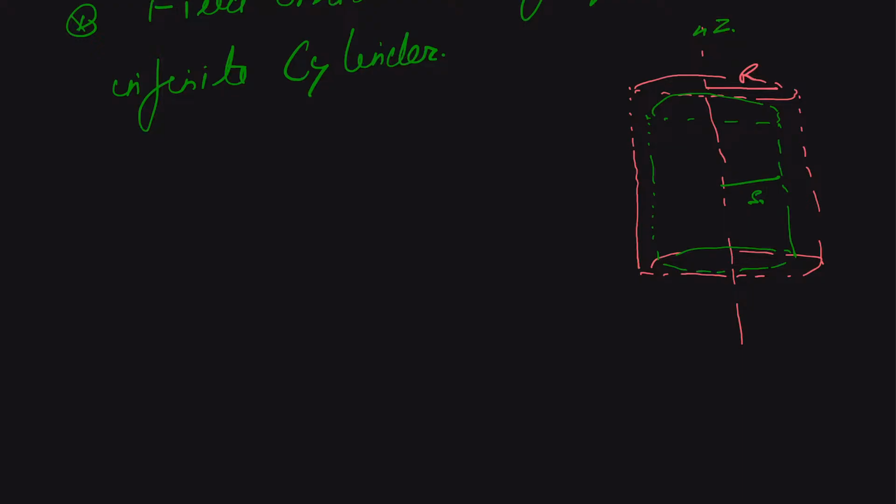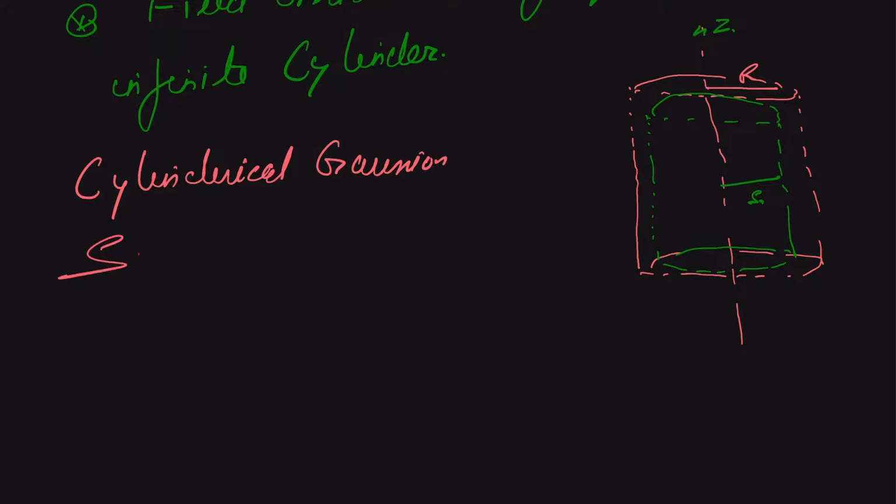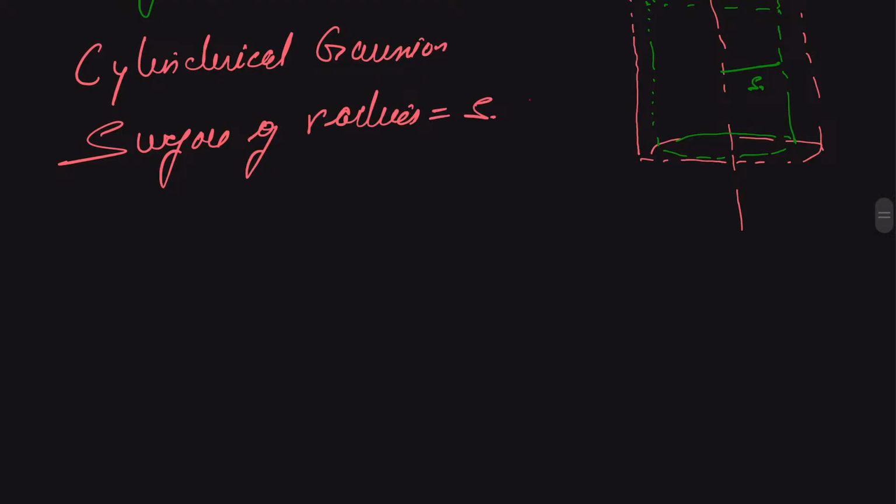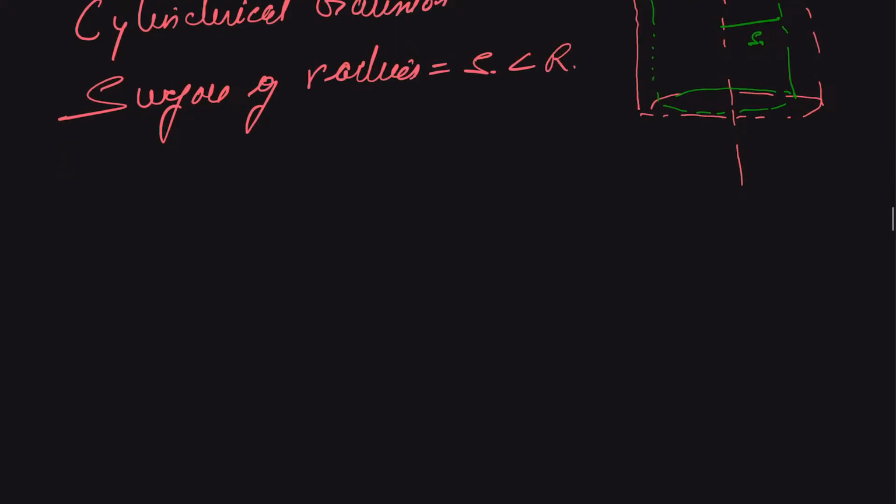Therefore we can say a cylindrical Gaussian surface of radius s, and this s will be less than capital R, because it is inside.